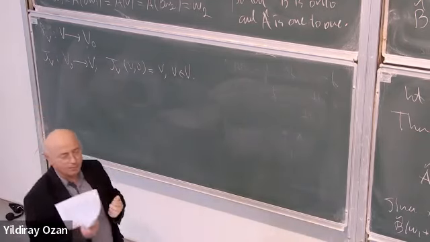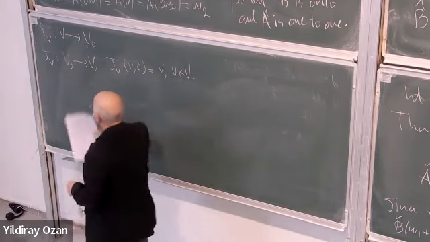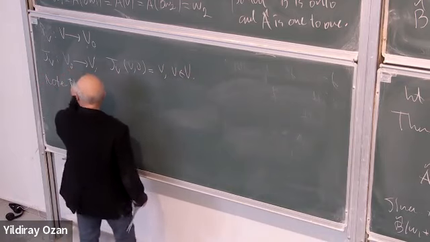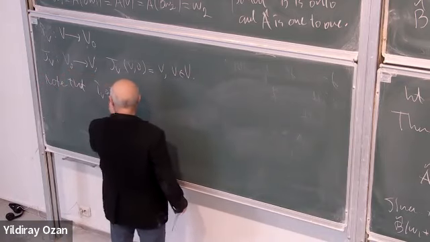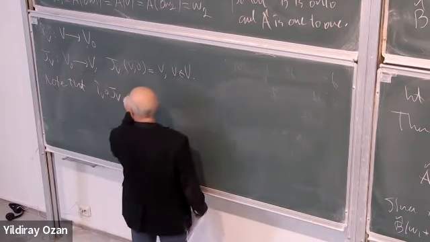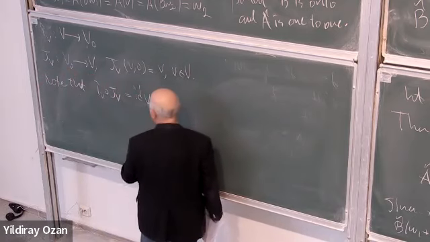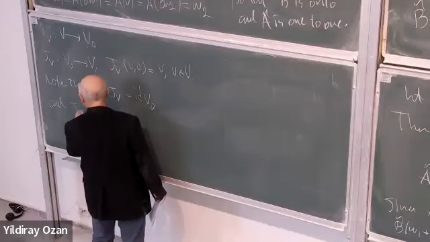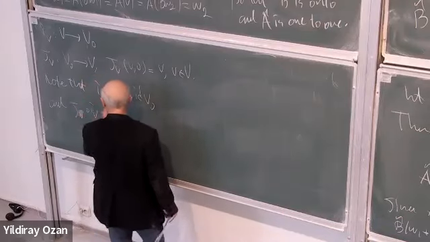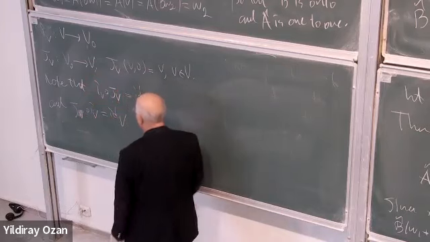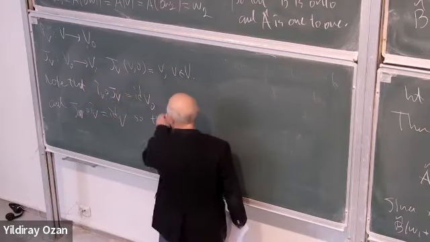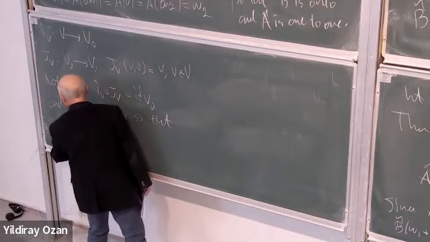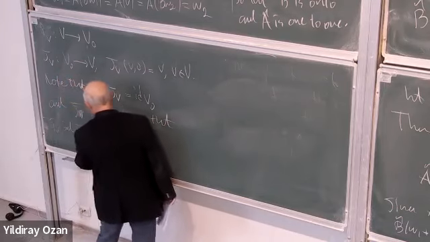And we can check that this is also 1-to-1 and onto, or just check that compositions are identity maps. Let me write that. i_V composition j_V is the identity map of V0 and j_V composition i_V is just the identity map of V, so that i_V and j_V are isomorphisms.